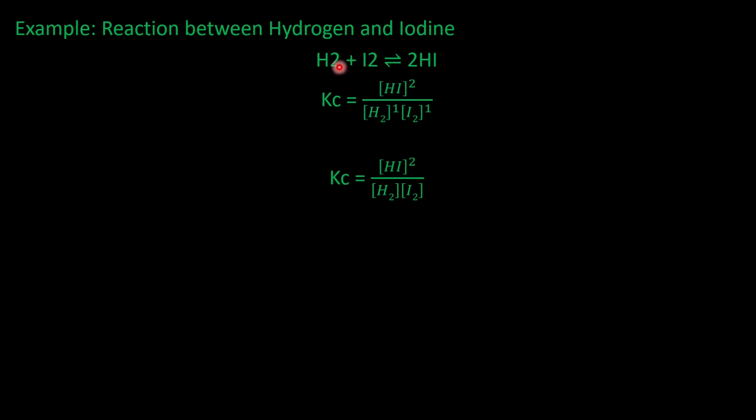Here the power of hydrogen is 1 and the power of iodine is 1. I have mentioned it here to help understanding, though we do not write power 1. So Kc is equal to [HI]^2 divided by [H2][I2]. This is the equilibrium constant representation for the reaction between hydrogen and iodine.